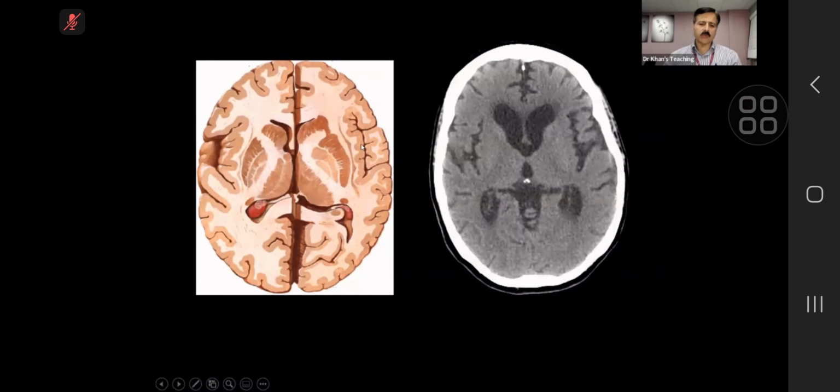There is a concept of cortical gray matter and the deep gray matter. Deep gray matter includes the head of caudate nucleus here, the putamen here, and the globus pallidus. Overall, this is the lentiform nucleus.